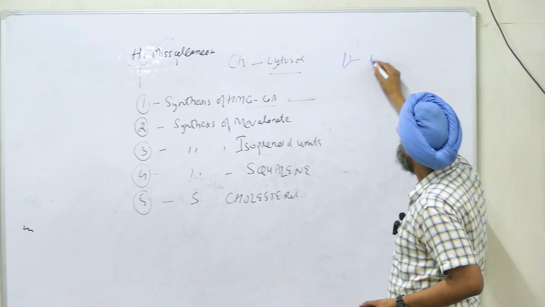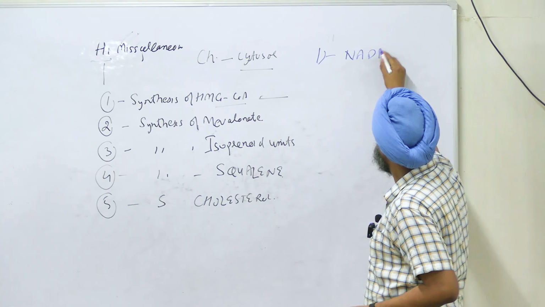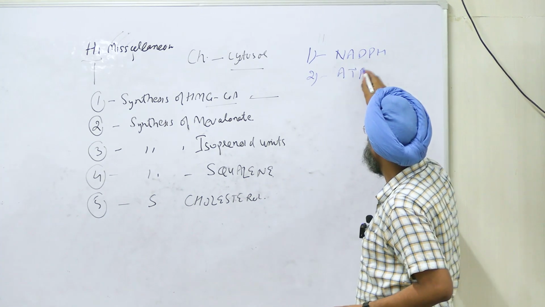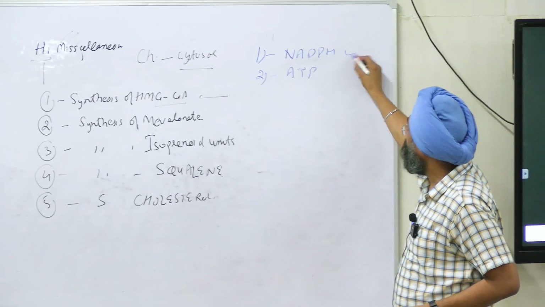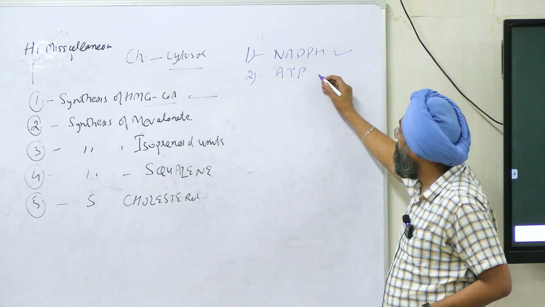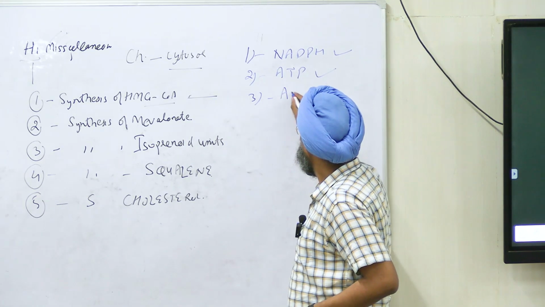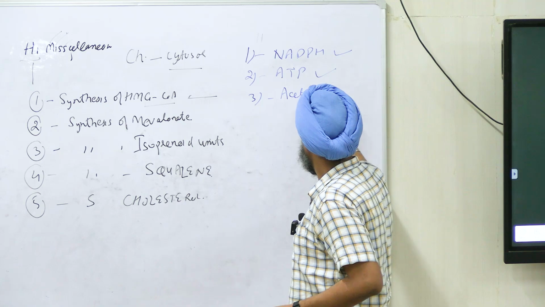One is NADPH, second is ATP for energy. NADPH will provide reducing equivalents, ATP will provide energy, and the third is acetyl CoA.